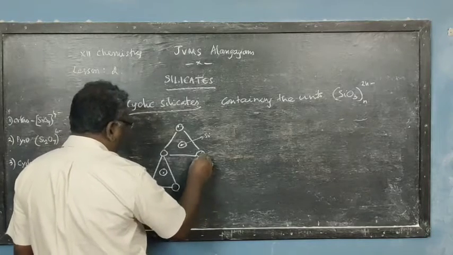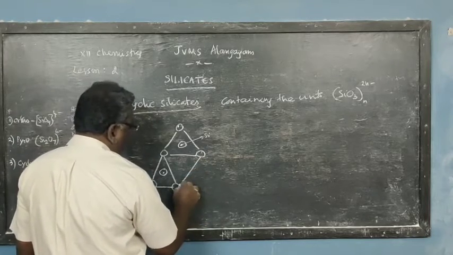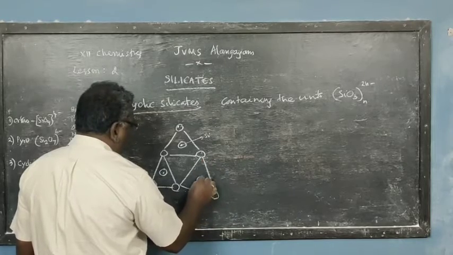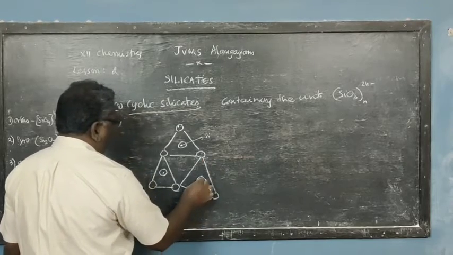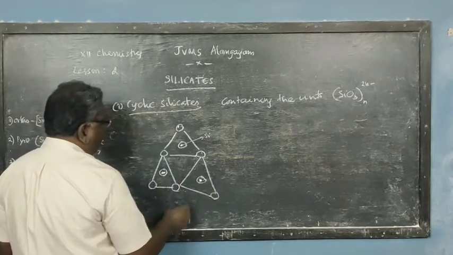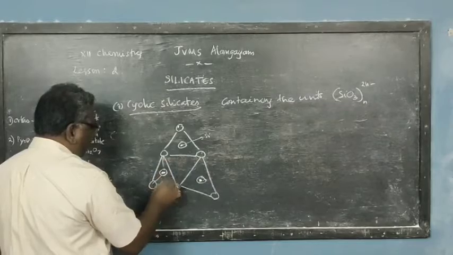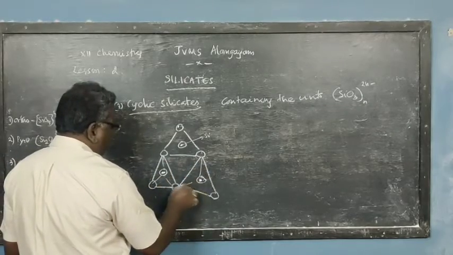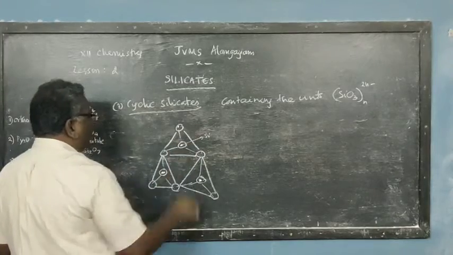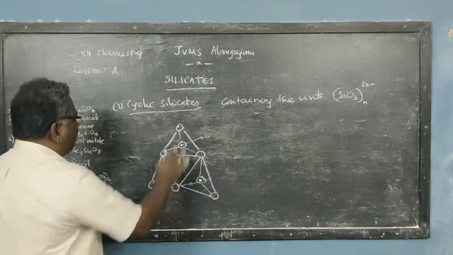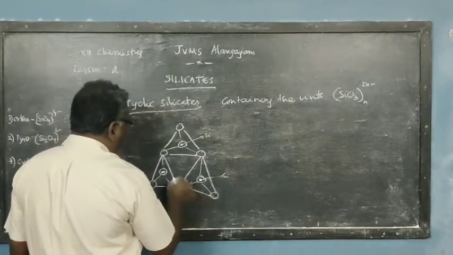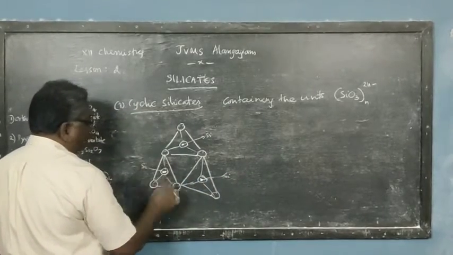The third one is like this. Right? So we have 3 silicon atoms. This is also silicon and this is also silicon.